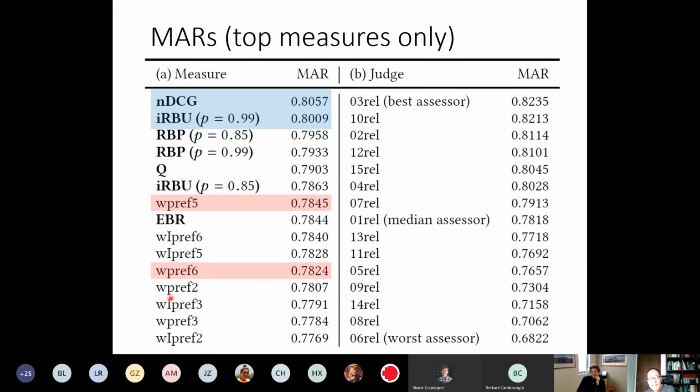All the ones with an E, meaning explicit preferences, they are at the bottom of the list. So that means implicit preferences are more important than explicit preferences, possibly because we have more implicit preferences than explicit preferences. But anyway, so you can see the main result here.